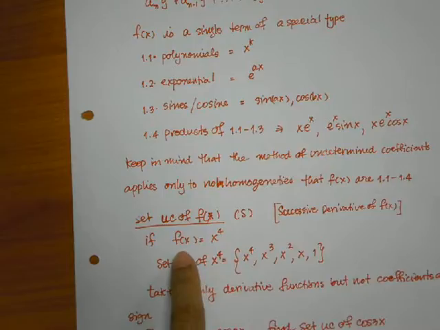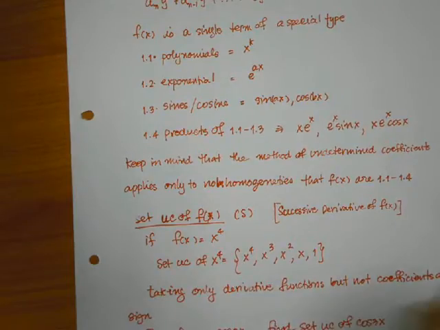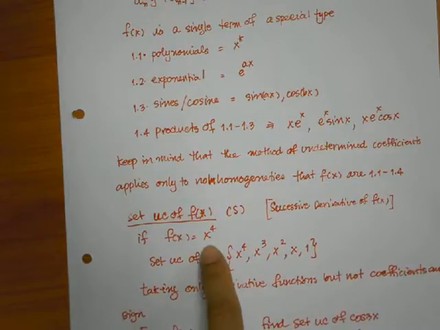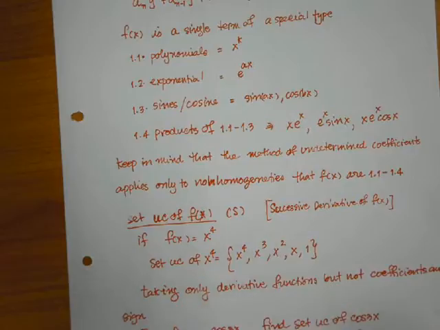If you have f(x) equal to x to the power 4, you can find the set of successive derivatives by taking the derivative of this function, and continuing until it ends. For x to the power 4, the first derivative is 4x to the power 3. The second derivative is 12x to the power 2.